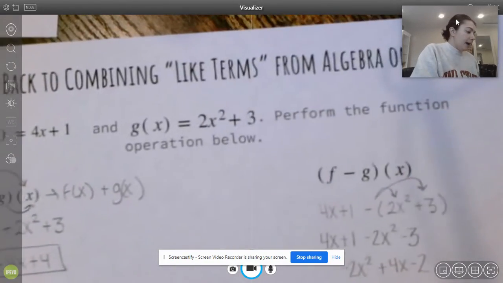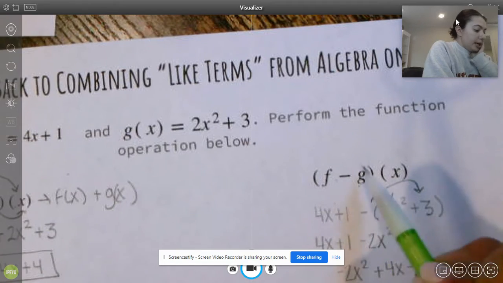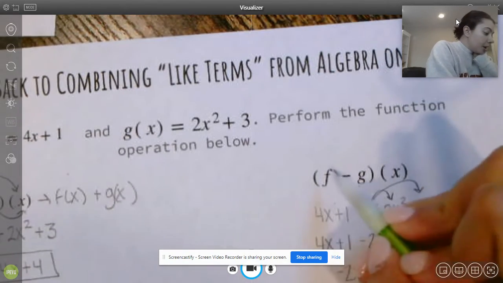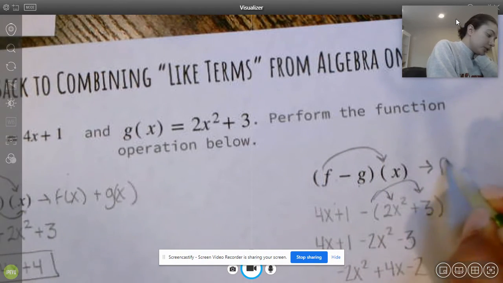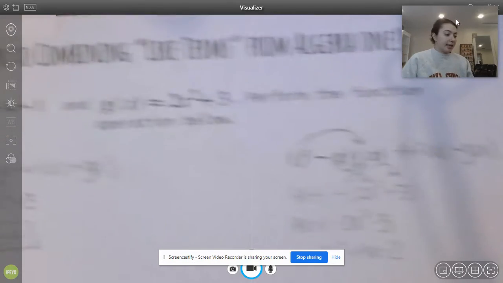Same thing over here. f minus g is one quantity times x is the second quantity. We can think about this multiplication, and this turns into f of x minus g of x, just like this.